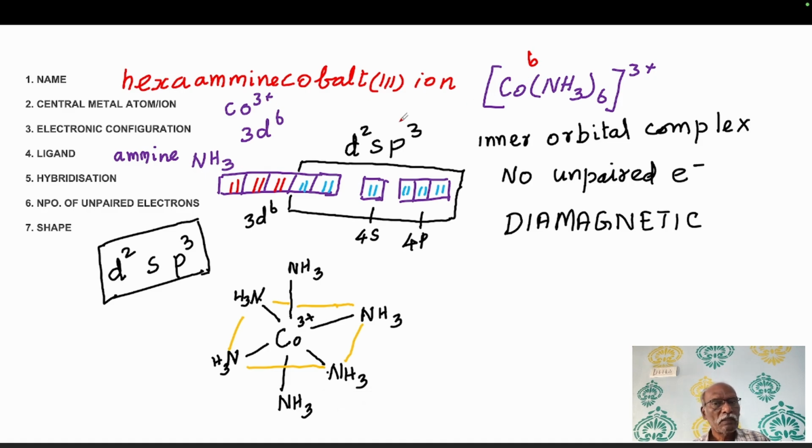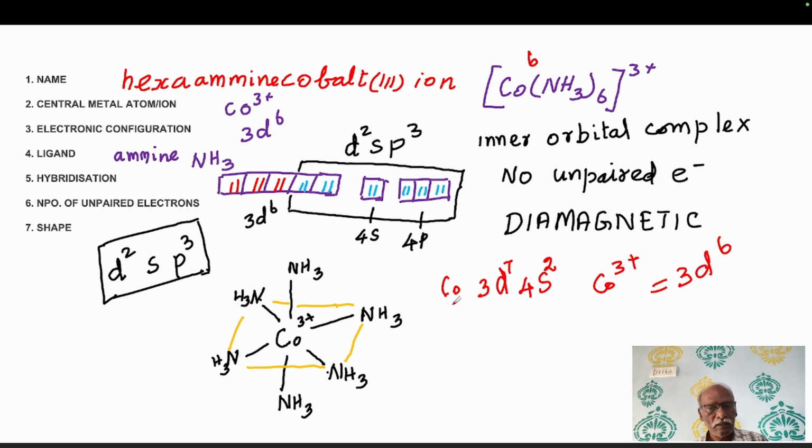Cobalt electronic configuration 3d7 4s2. I'm so sorry, cobalt as a whole is 3d7 4s2. But cobalt 3 plus has 3 electrons removed, 1 electron from d, 2 electrons from s, and thereby we have 3d6.